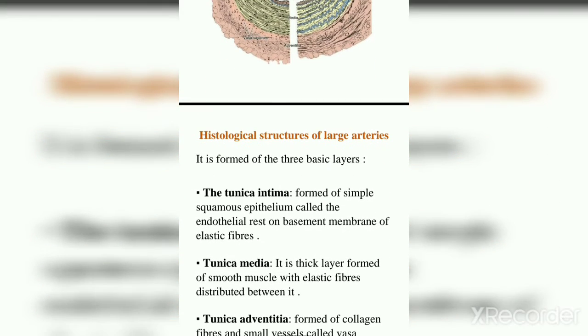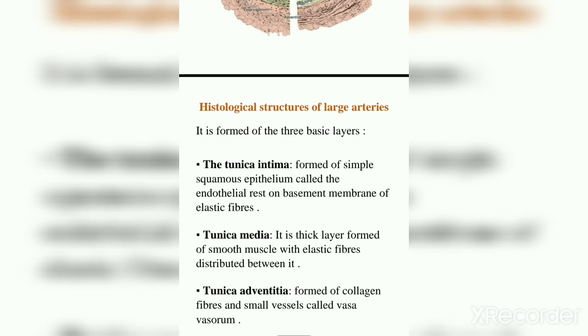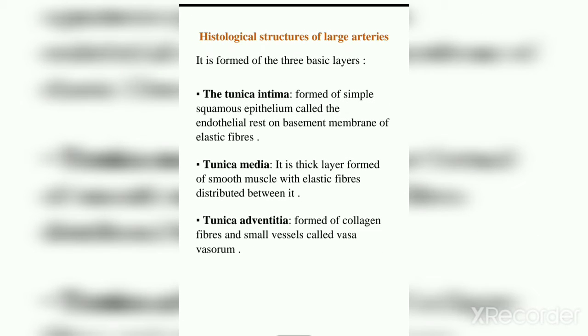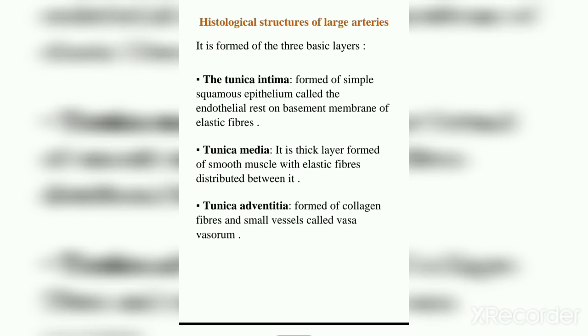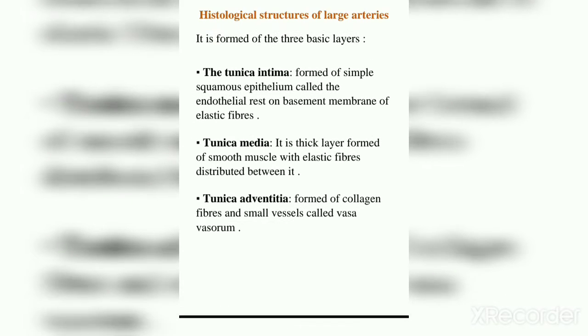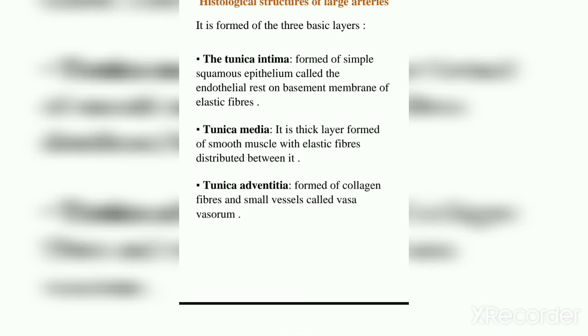The histological feature of large arteries. It is formed of the three basic layers: the tunica intima, tunica media, and tunica adventitia. The tunica intima is formed of simple squamous epithelium, called endothelial cells, resting on a basement membrane of elastic fiber.